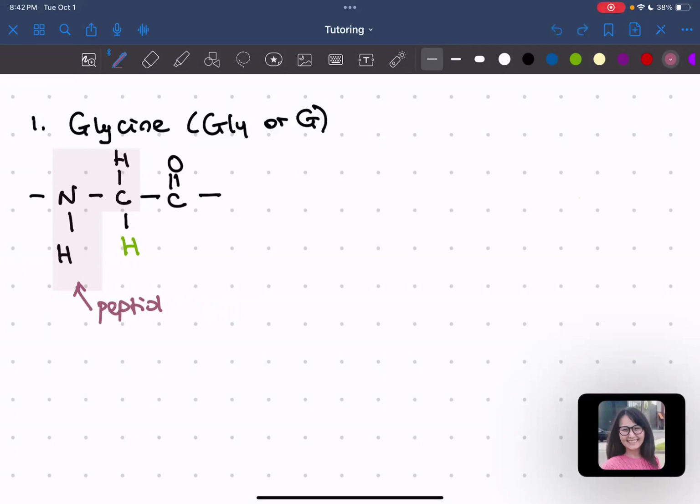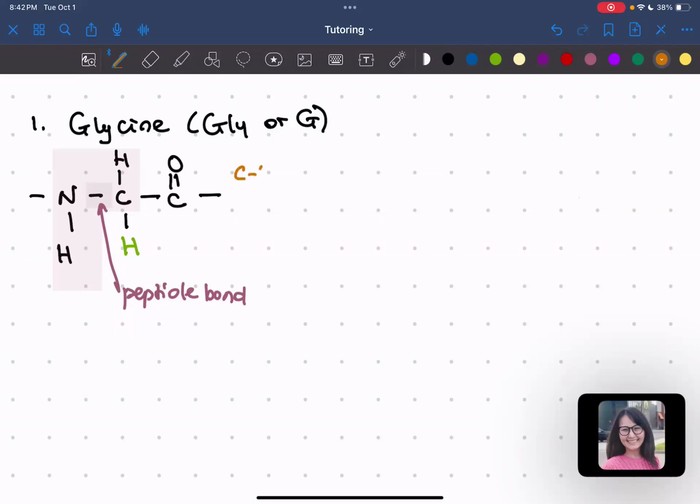Try to remember each one of it. This is where you're going to have your C terminus, and this is your N terminus.